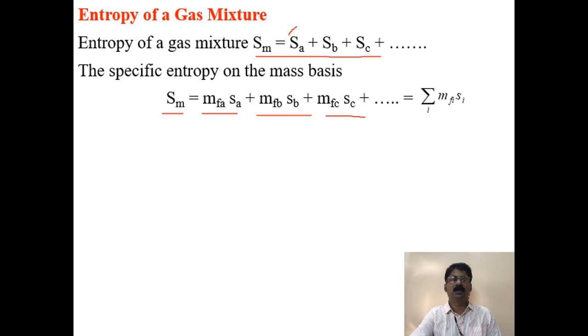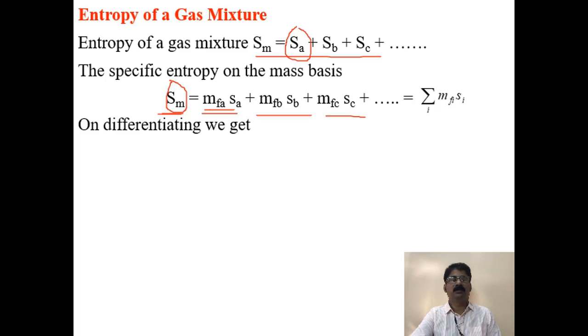So here this is total, so you have to write mass into specific entropy for each of these individual constituent gases. But here this doesn't change because this is the total entropy of the mixture. That is also for specific quantity, because here you have taken mass fraction.